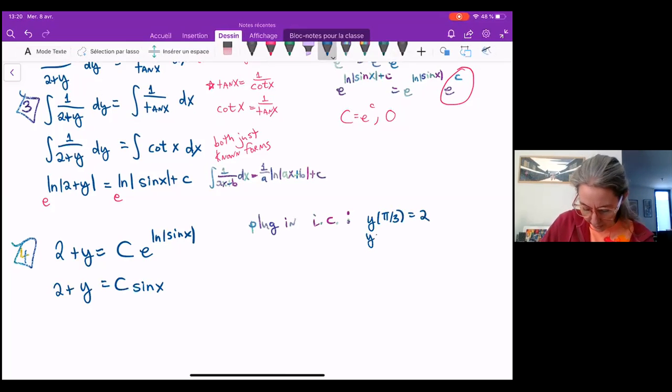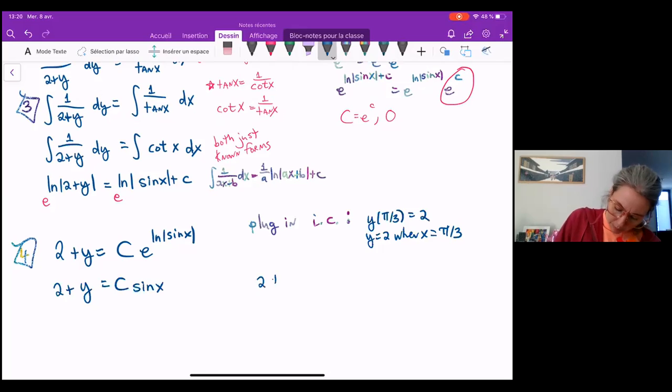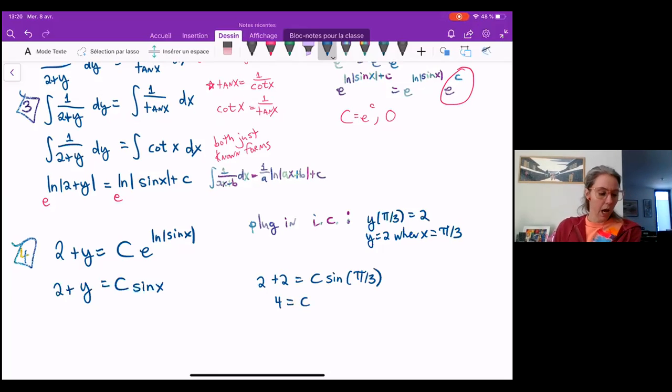So this is saying y equals 2 when x is equal to pi over 3. So down here, we end up with 2 plus 2 is equal to c sine of pi over 3. So 4 is equal to c times root 3 over 2.